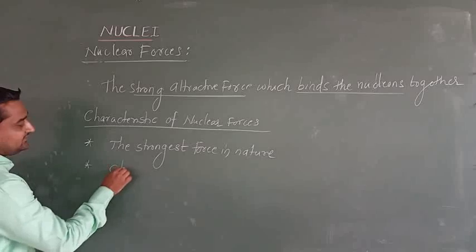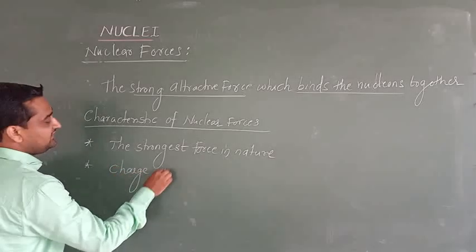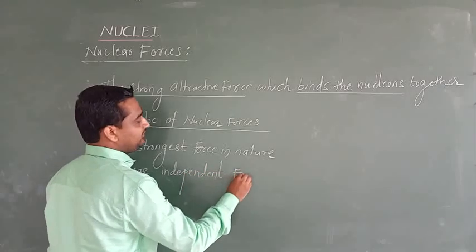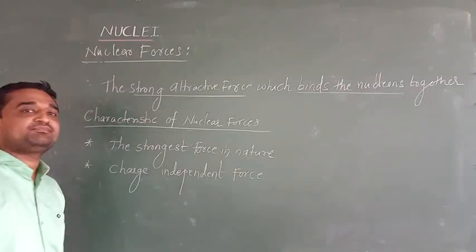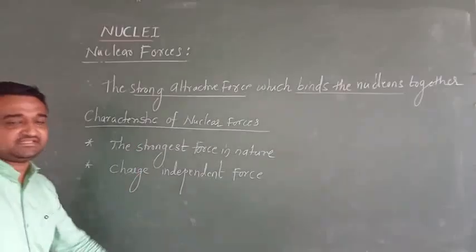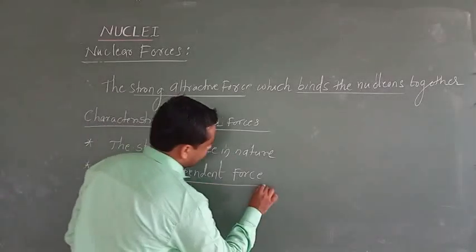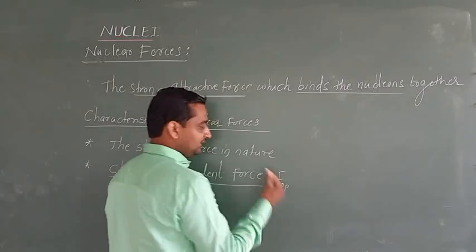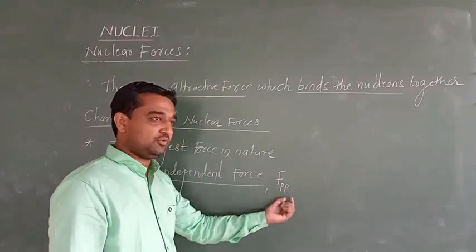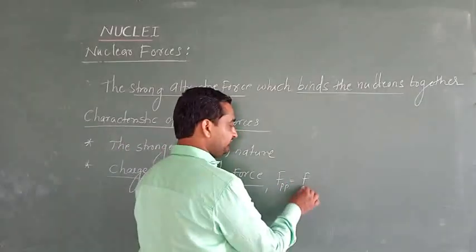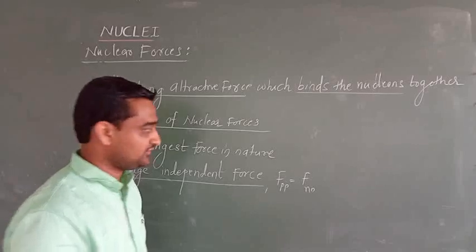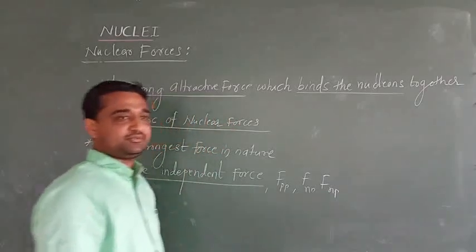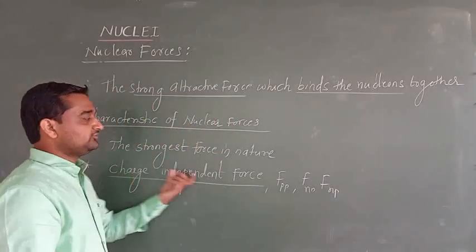The next point here: it is the charge independent force. So it doesn't depend on the charge of the particles in the nucleus. For example, if Fpp represents the nuclear force between proton and proton, Fnn represents the nuclear force between neutron and neutron, and Fnp represents the nuclear force between proton and neutron, then all the forces are equal here.